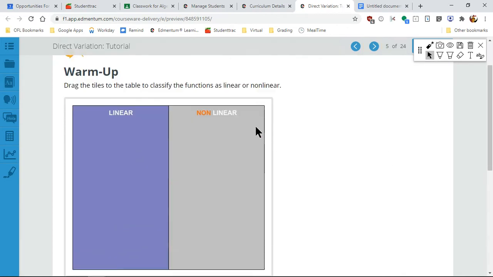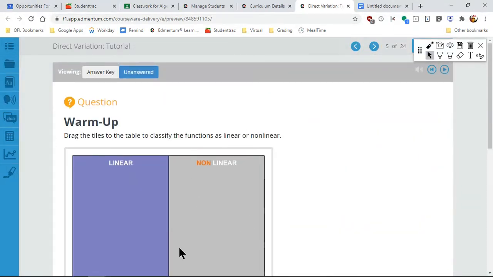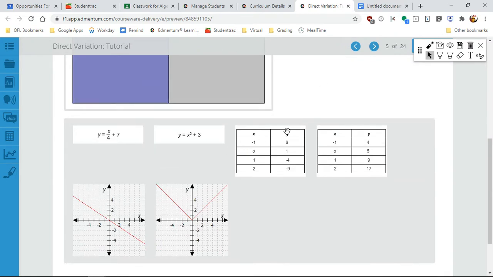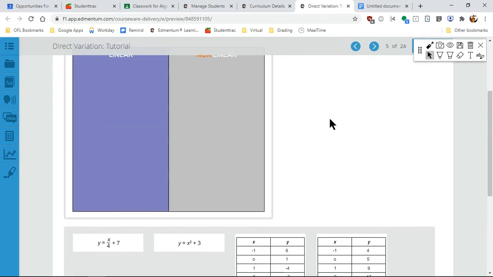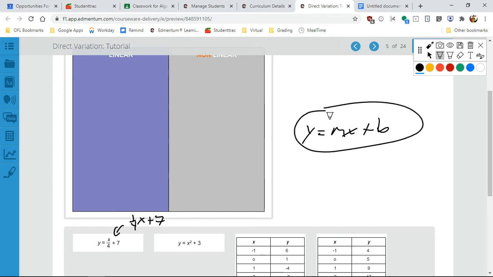All right, so they're going to test us with this idea of whether something is a line or not a line. Remember, a line is y equals mx plus b. This one might not look like a line right away, but it is just 1/4 times x plus 7. So as long as we get y equals mx plus b, or, as you saw last time, remember when we were talking about the chips and the Arizonas?